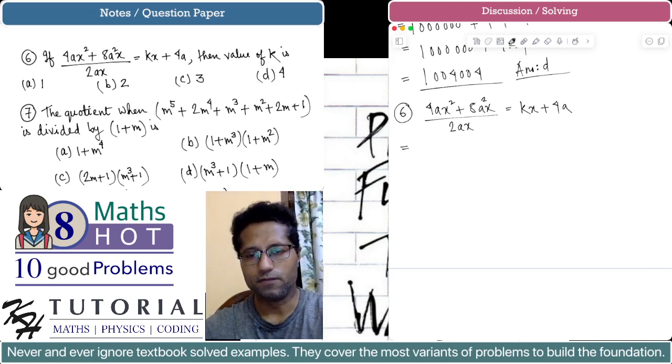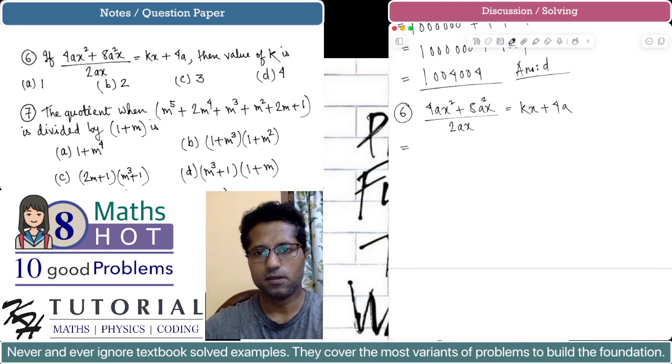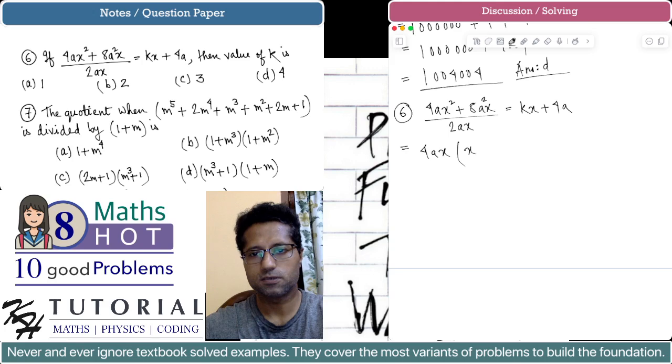So from the numerator, we can clearly see we have a common factor of 4ax from both the terms. If we factor out 4ax from both the terms in the numerator, we get 4ax multiplied by x plus 2a, and in the denominator we have 2ax.